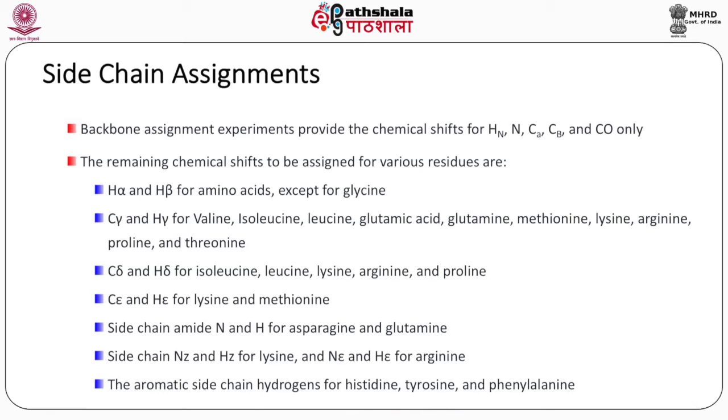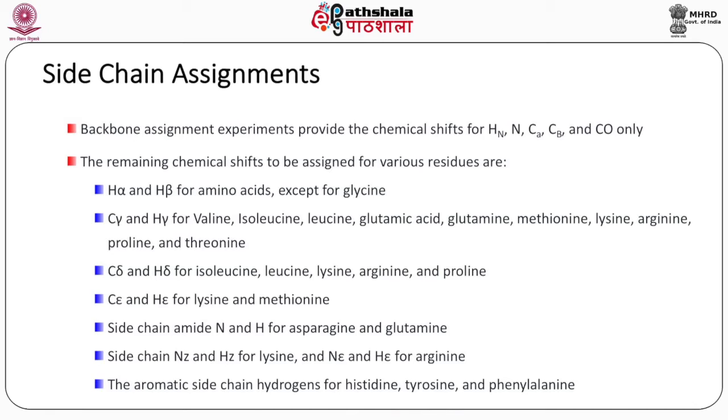Then you have C epsilon and H epsilon for lysine and methionine. Side chain amide N and H for asparagine and glutamine. Side chain NZ and HZ for lysine and N epsilon and H epsilon for arginine. Aromatic side chain hydrogens for histidine, tyrosine and phenylalanine.